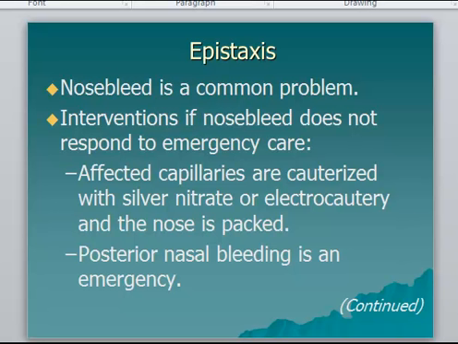And then they use traction on the posterior part of the nose. It's kind of like when you have a bleed, you want to put pressure, and that's the only way that we can really put pressure is on the back, is maybe having some traction on that part of the tube.